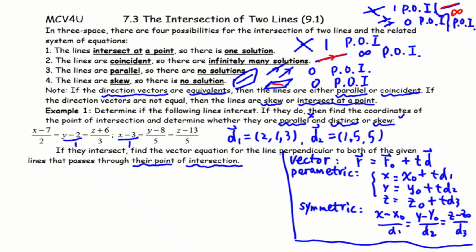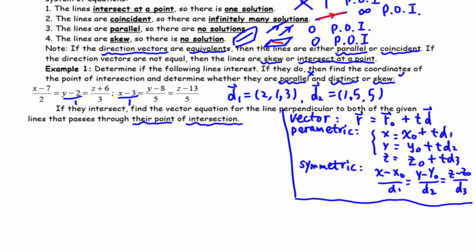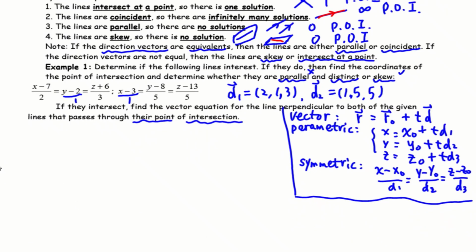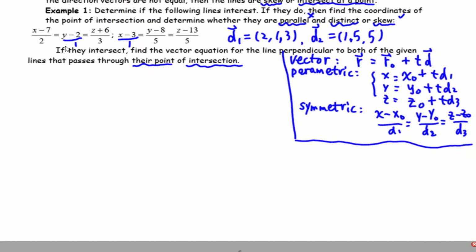Now we are going to solve it, and this is the first time we start to solve for a point of intersection for 2 lines in 3 dimensions. For the symmetric equations, we have 2 of them. We want to write them in parametric equation form.